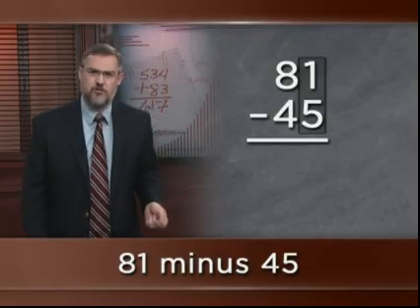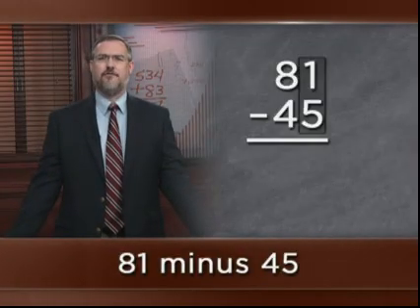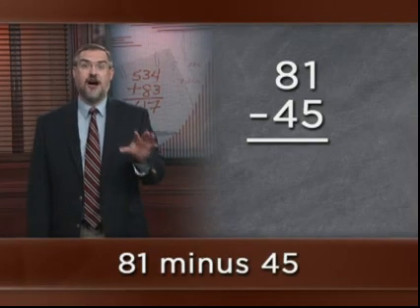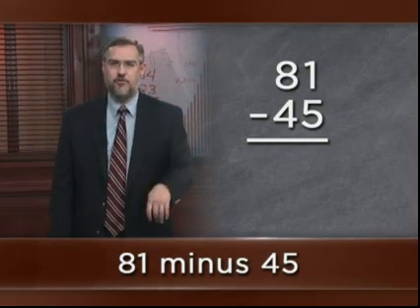Well, unfortunately, 1 is smaller than 5. I picked this example carefully so that we could run into this issue, if you will. The 1 is smaller than 5. So what do I do? I can't take 5 away from 1. Well, think with me again about those dollars, because that's very helpful here.